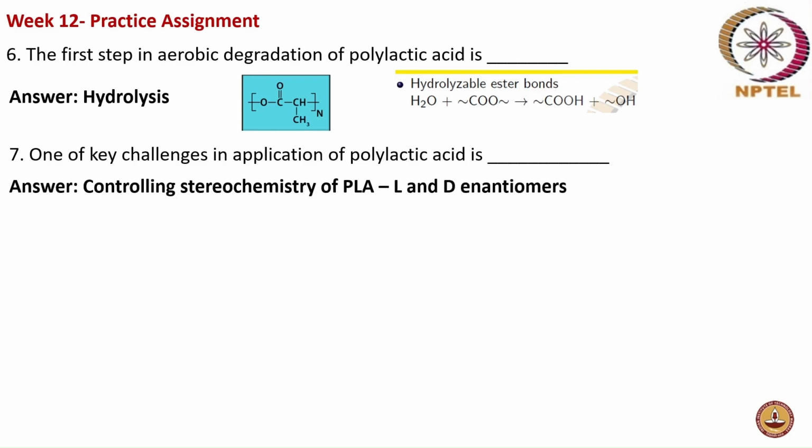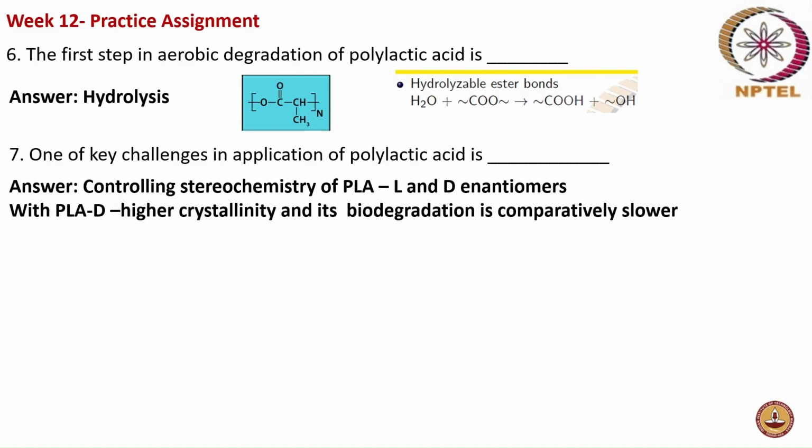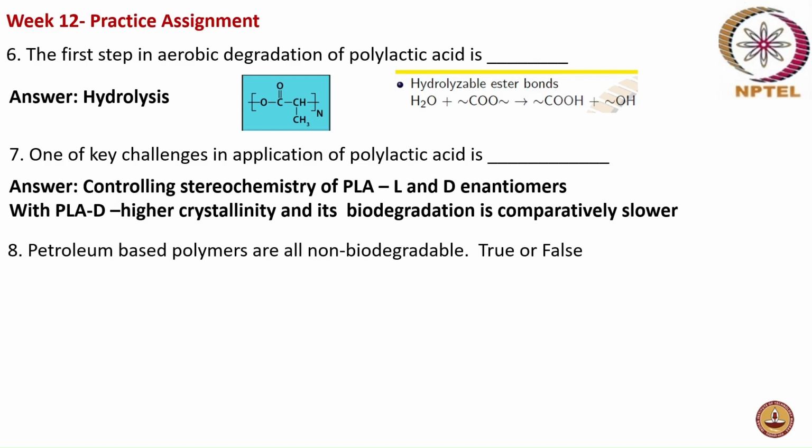The key challenge is controlling the stereochemistry of polylactic acid. So you can end up with L and D enantiomers. And in case of polylactic acid, the D enantiomer has high crystallinity and its biodegradation is comparatively slower. Okay, so the stereochemistry.